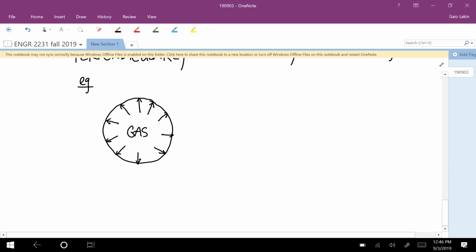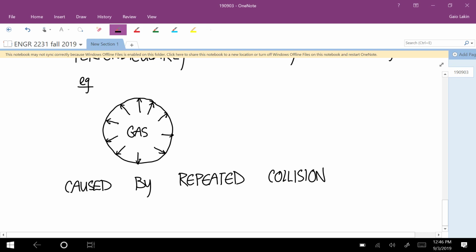And what it is, it's caused by repeated collisions of the fluid molecules with the surface, with the boundary.